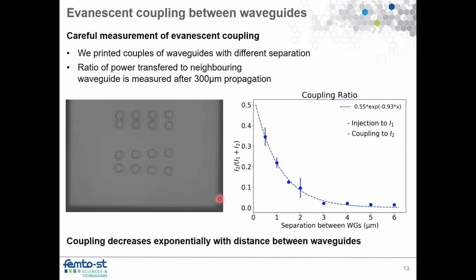Just a very last detail on this adiabatic coupling and dependence on the distance. We basically scanned 300 micrometer long waveguides where we changed the distance between them, to see how was the effect of the evanescent coupling to neighboring waveguides. And basically we characterized this a priori expected exponential dependence on the separation.